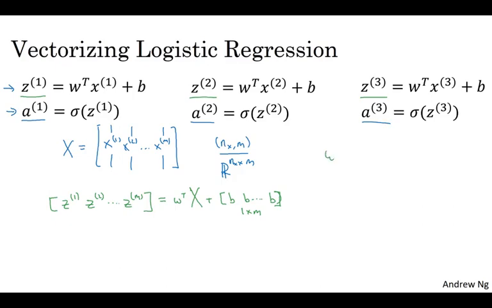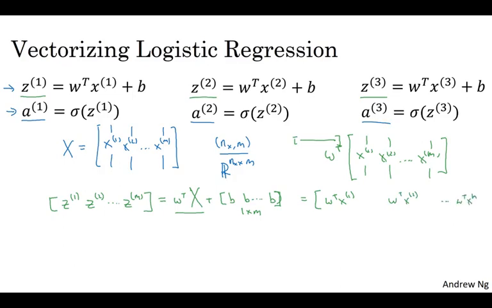Depending on how familiar you are with matrix multiplication, you might see that W transpose times x1, x2, and so on through xm, where W transpose is going to be a row vector, right? So this first term will evaluate to W transpose x1, W transpose x2, and so on, down to W transpose xm.